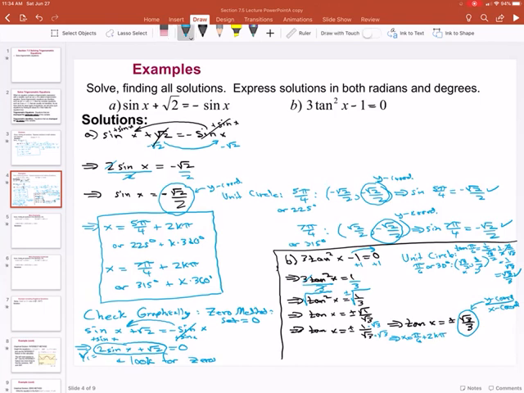Just remember k represents your integer values, k being an integer set. That's quadrant 1. Now again, you can write that in degrees if you wanted. That would also be 30 degrees plus k times 360, all multiples of 360 degrees. So again, that's looking at only one quadrant right now.